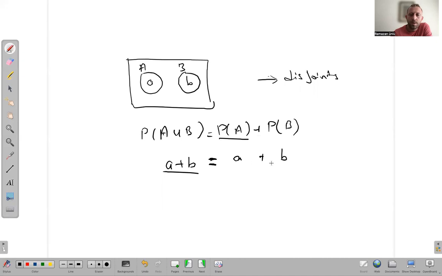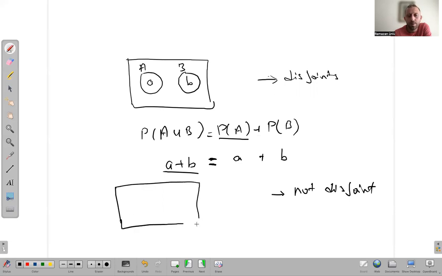So now let's consider not disjoint events, okay? Not disjoint. That means there will be some common points, right?